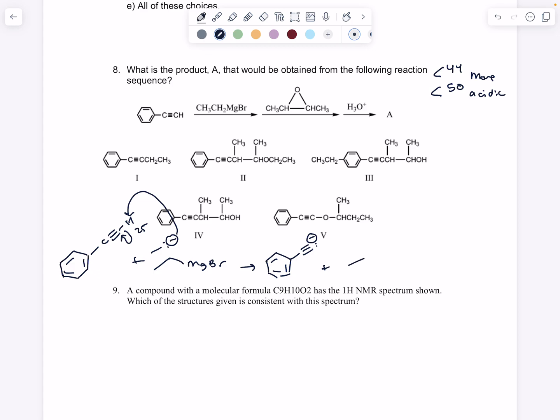And your Grignard has now just become ethane. We went from CH3CH2 with a negative charge to it taking that hydrogen. Maybe it'll help if I draw this out with the CH3 so that you can see where the new bond is formed. CH3CH2 with a lone pair on the carbon.